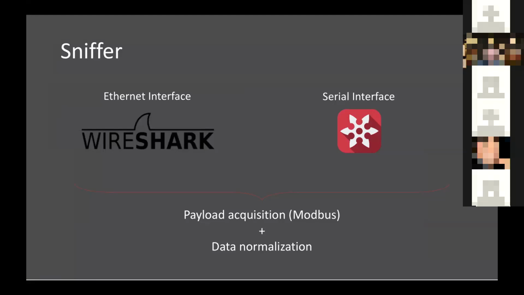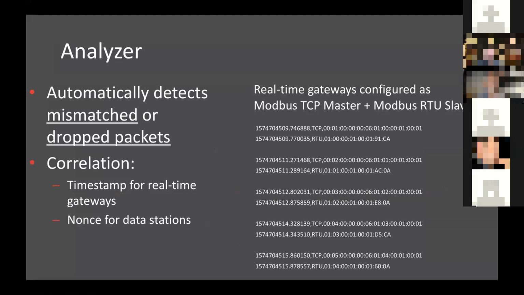For our sniffers, we used Wireshark, and a tool called IO Ninja for the serial interface side. It worked out really well. We would take those two packet captures and throw them into our analyzer and do a little bit of data normalization so that we could actually do some analysis.